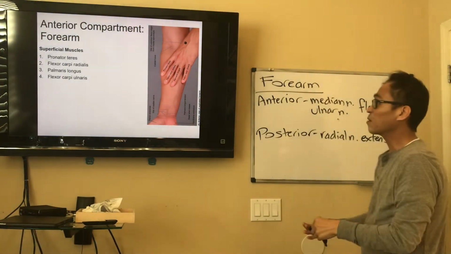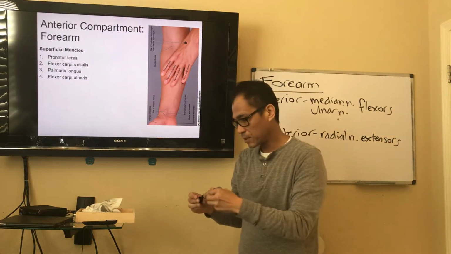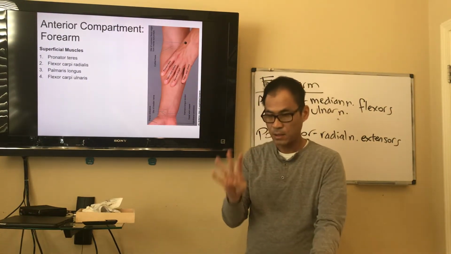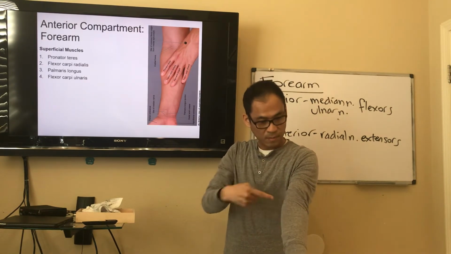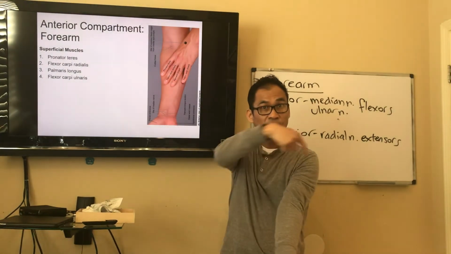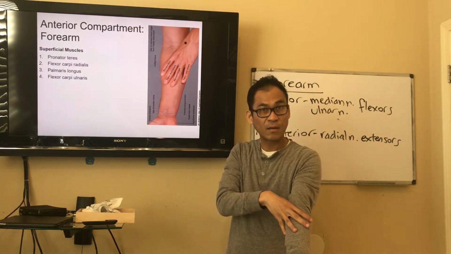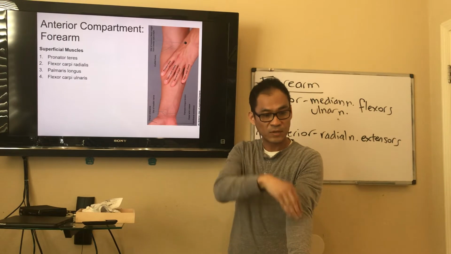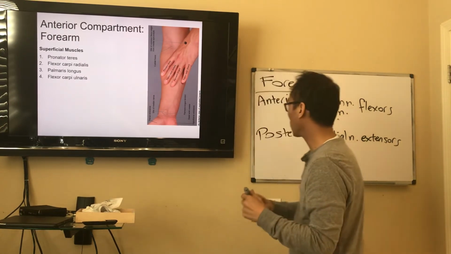This picture here, these are all flexors. If you go like this and put your four fingers across there, on this side, that's medial, that's lateral. So all the flexors originate from the medial epicondyle, all the extensors originate from the lateral epicondyle. It's another general rule that's mostly true.